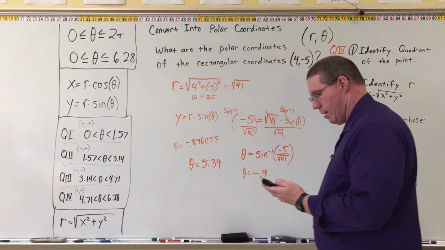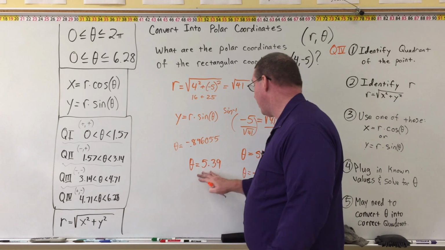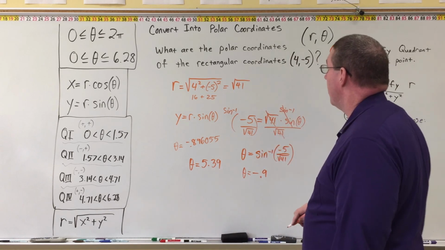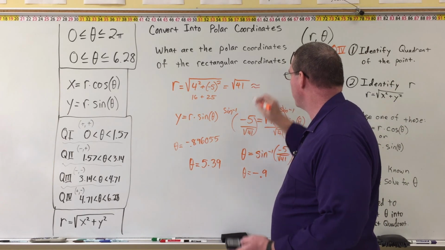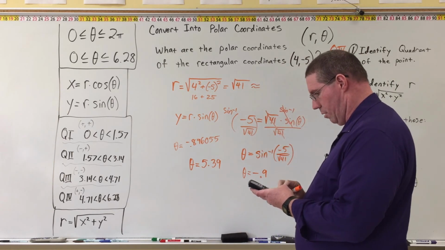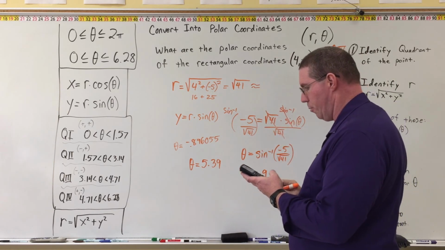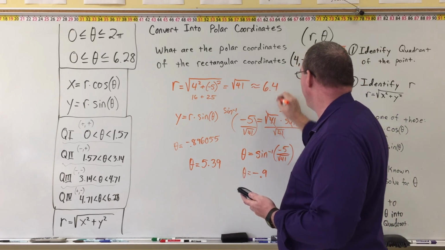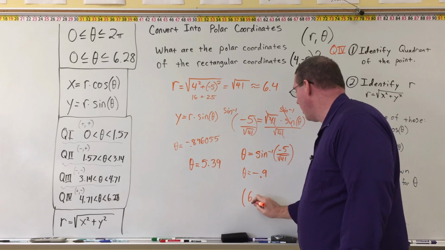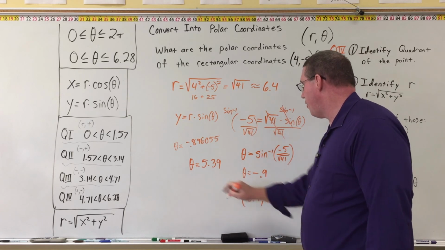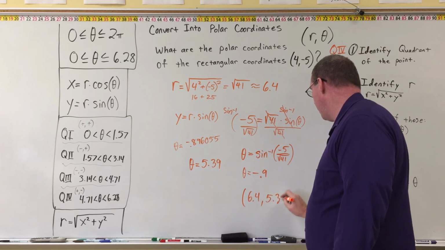Okay? And so this is my theta angle, and my radius is square root of 41. Now I can convert that into a decimal, and that would give me about 6.4. So my polar coordinates are going to be radius of 6.4, comma, theta angle of 5.39, right?